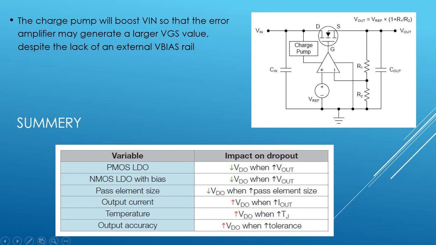In the case of the NMOS, when less output is required, the dropout decreases. But that is the biasing case. Generally, when we increase the output current, the dropout is always decreasing. Similarly with temperature: when the junction temperature increases, the dropout also increases.